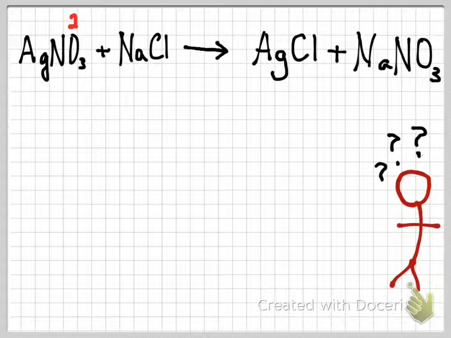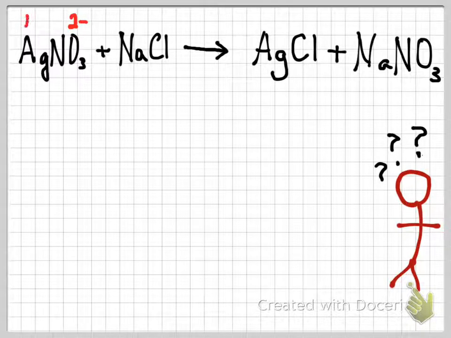Now here is a second example of a reaction. We have silver nitrate combining with sodium chloride to produce a silver chloride precipitate and sodium nitrate.